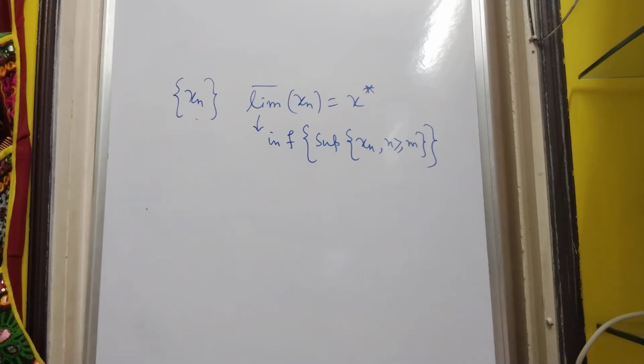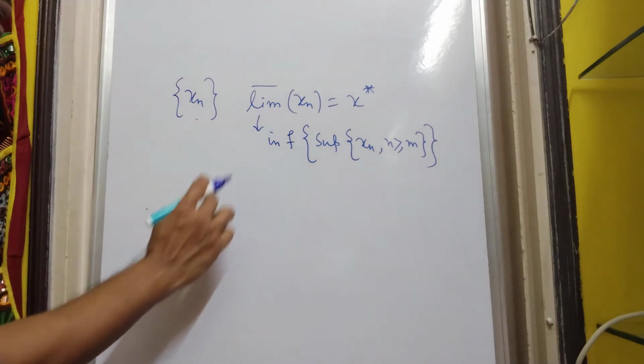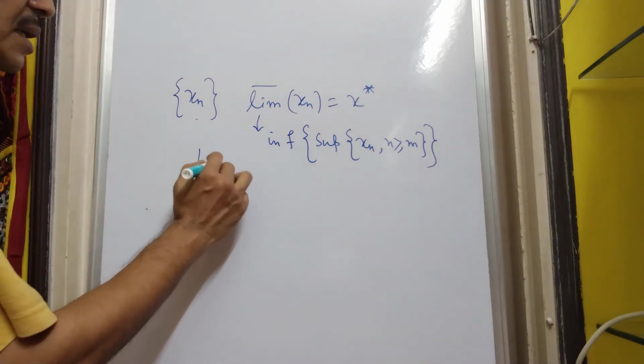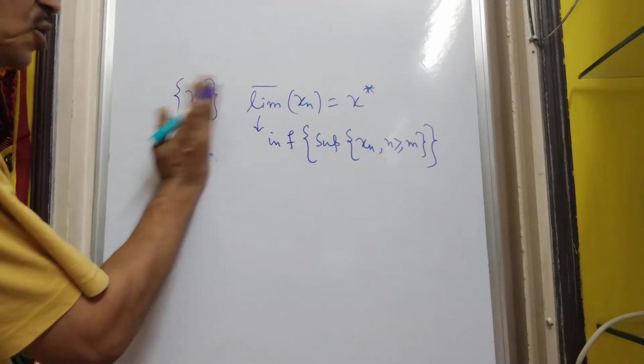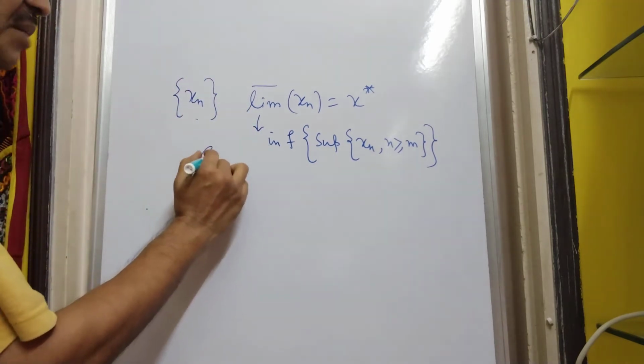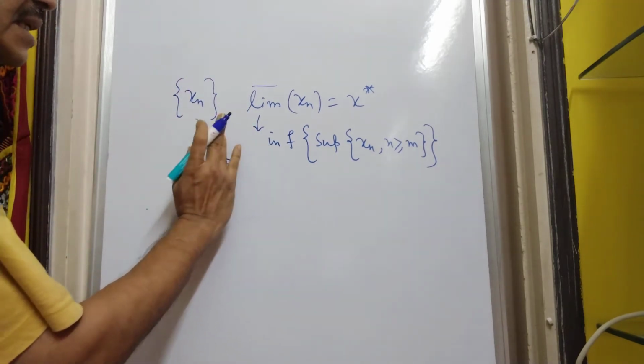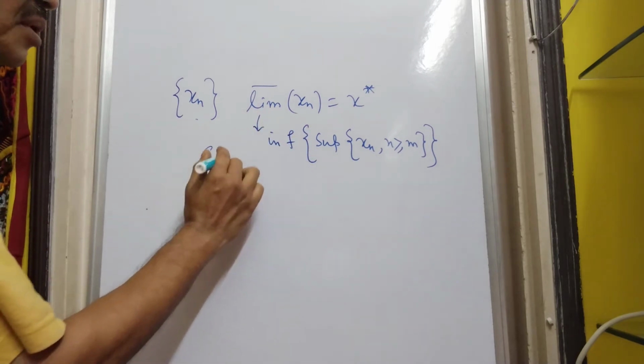Since we know that infimum is the greatest lower bound, infimum is nothing but the greatest lower bound.